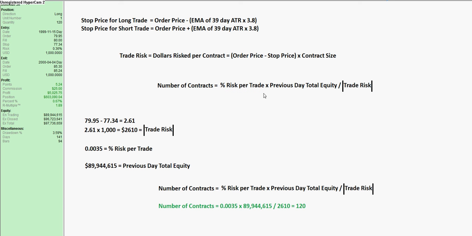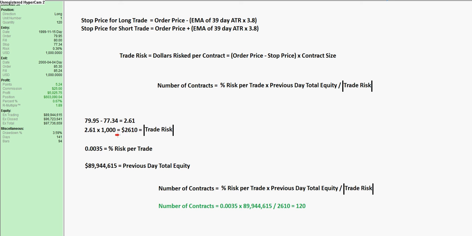Our percentage risk per trade is another parameter we chose when choosing the parameters for our Dancian 3A system. On the top left part of that page where the 5 systems were listed, the Dancian 3A has a risk per trade of 0.35%. So we know that also.